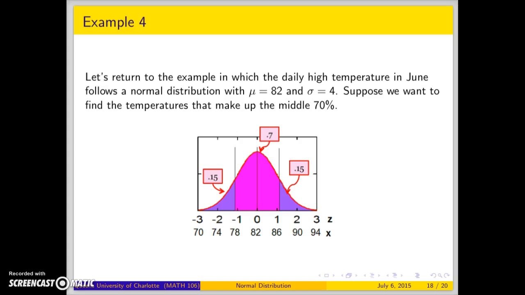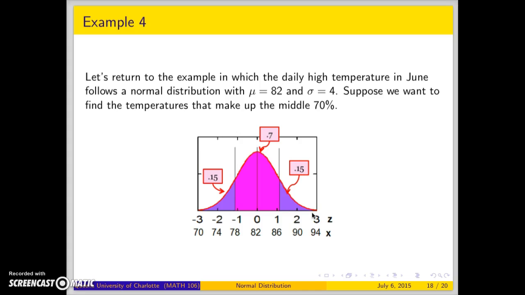Here's another problem. Let's look back at the example where you have a mean temperature of 82 and sigma of 4. We want to find the temperatures that make up the middle 70%, so here. Just like we did last week, we take the middle 70%, so that means we have 30% out of 100%, and then that's divided evenly between the two tails.